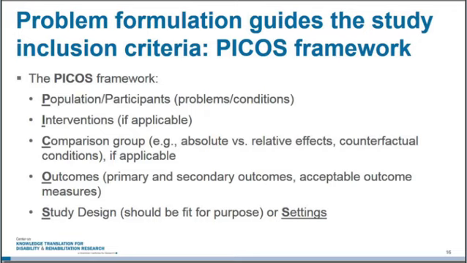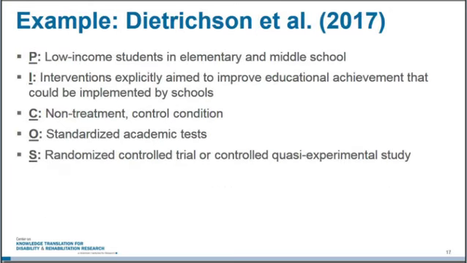Or in some cases, you might also see the S stand for settings. What are the settings of the studies that we're going to be interested in? So for example, if we think again back to our first example on academic interventions for low-income students, the settings were schools.